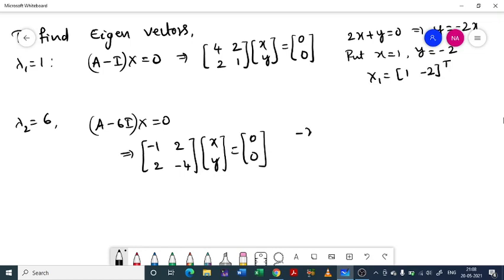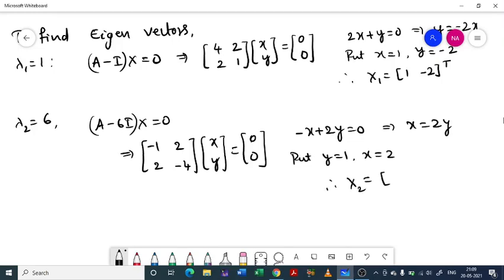So you get minus x plus 2y equal to 0, which implies x equal to 2y. Put y equal to 1, you get x equal to 2. Therefore capital X2 will be (2, 1) transpose.